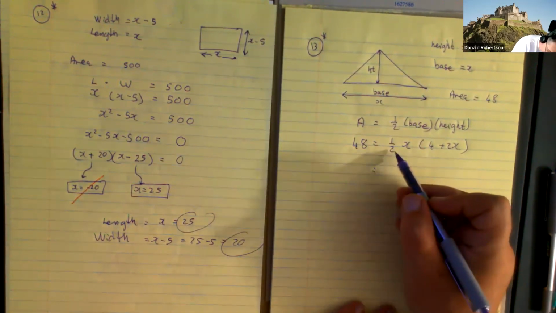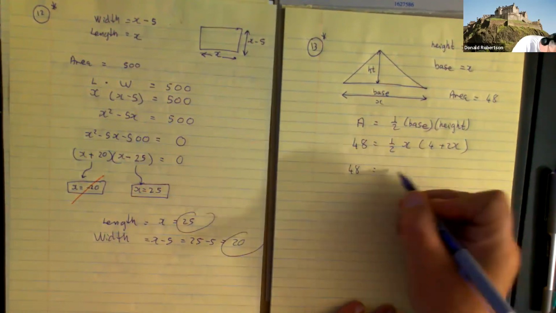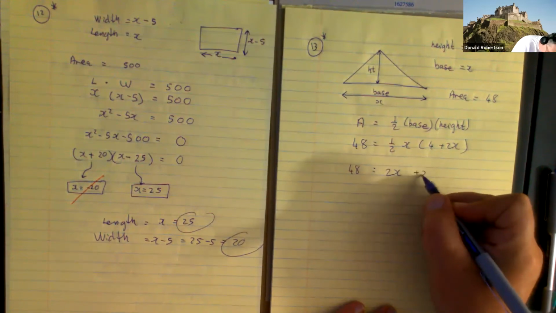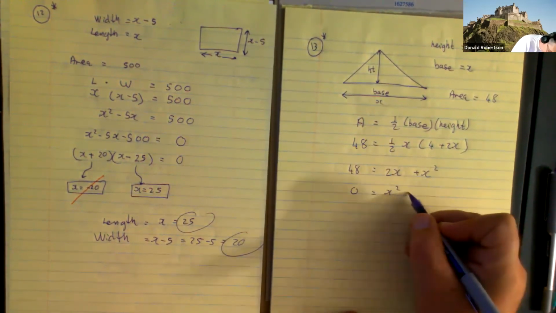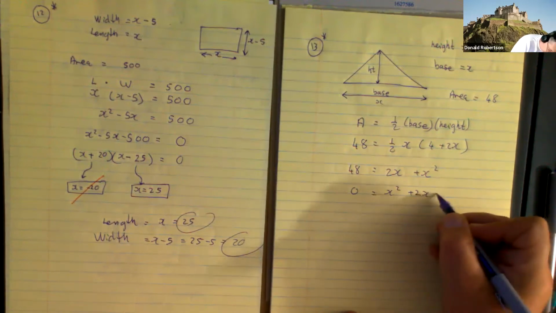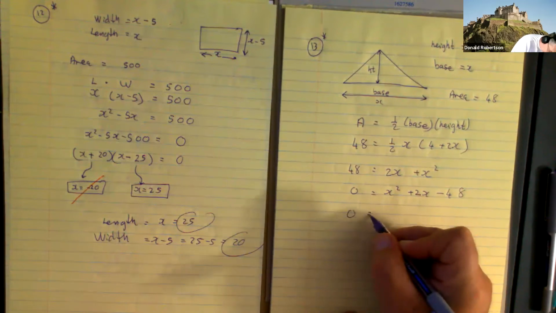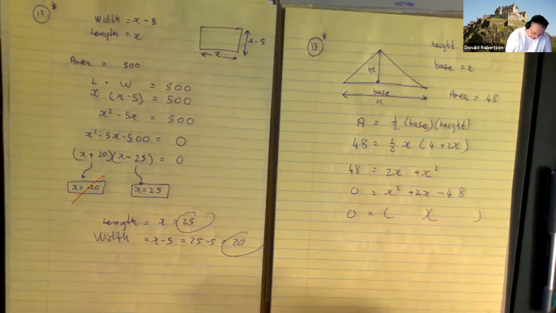I don't like fractions, but we'll see what happens. 1/2 x times 4 gets me 2x, and 1/2 x times 2x gets me x squared. I'm going to rearrange the x squared plus 2x, and subtract 48 from both sides. And I am now at the quadratic equals 0 stage.